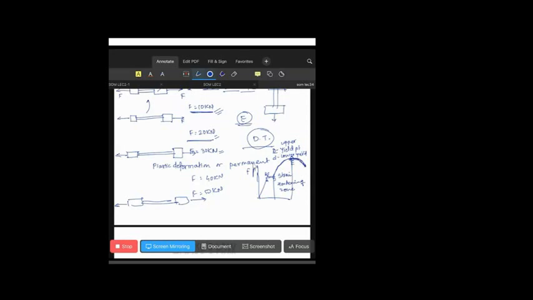But what will happen after point E? There will be necking, or there will be a failure, and eventually at this F point there will be a failure. Okay, understood? So E to F will be your necking zone.